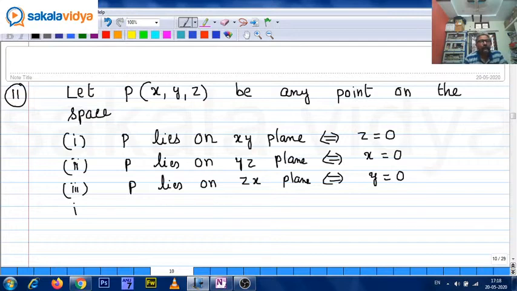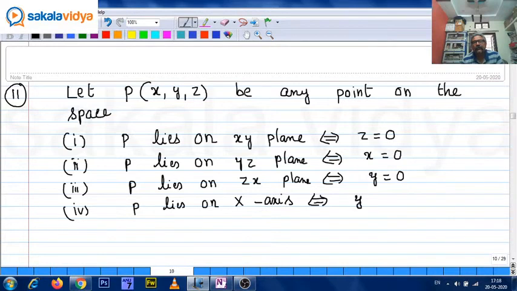For example, fourth point, P lies on the x-axis, means on the x-axis y is equal to 0 and z is equal to 0. Both are 0.